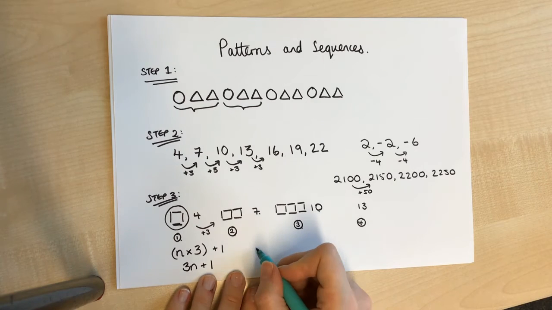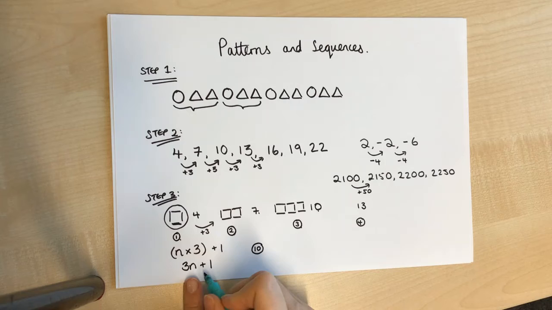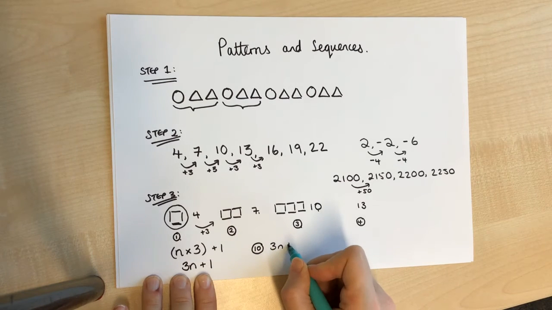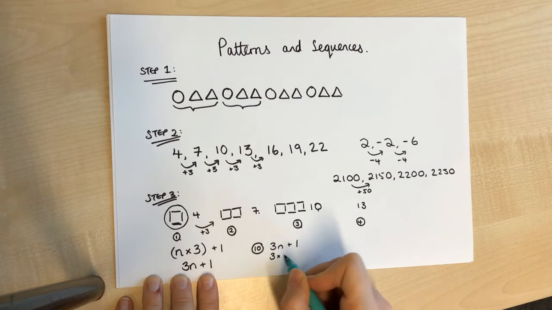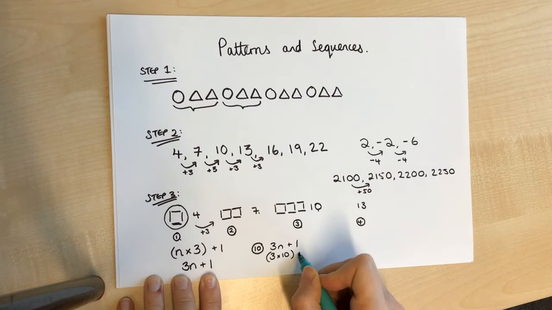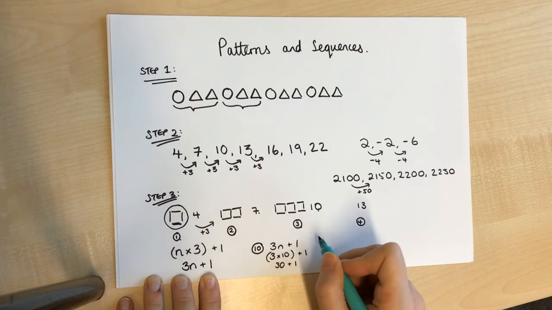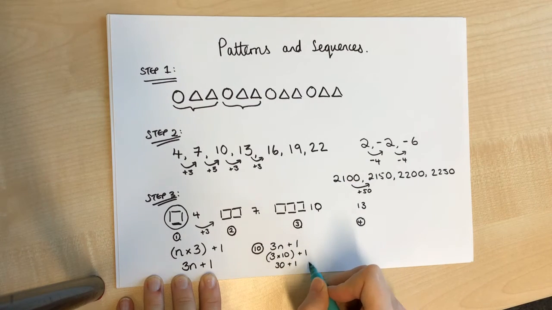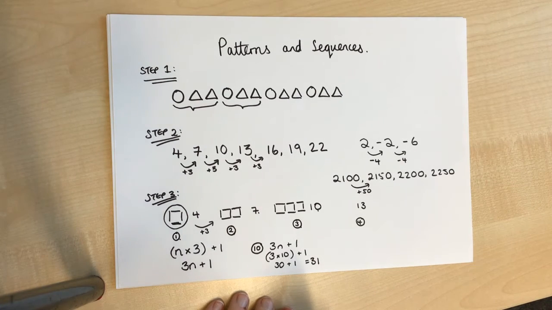So for example, if I wanted to know what the 10th term in this sequence would be, well, I know 3n plus 1. I'll write that again just to remind myself. So that 3 is times, in this case, 10, because it's the 10th term. And then I'm going to add 1, so that's 30 add 1. So I know in the 10th one of this, there would be 31 matchsticks. I can predict that already. I could predict the 100th if I wanted to.